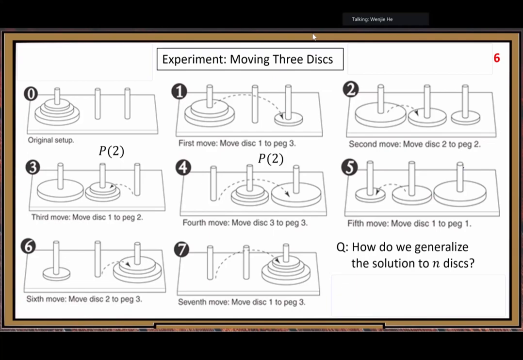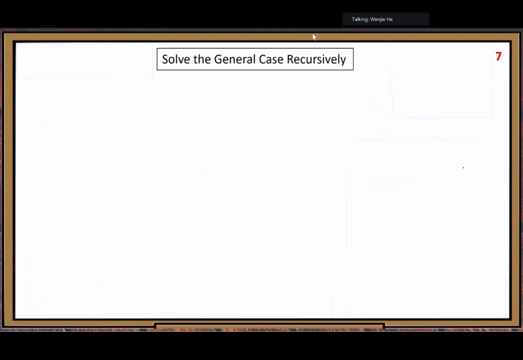So let's move to the size n solution. Our final goal is to solve the problem for the n disk case, the general case. This time, we need to apply recursion explicitly.